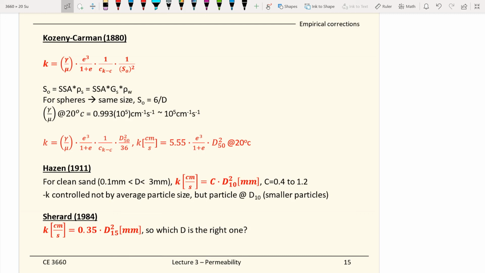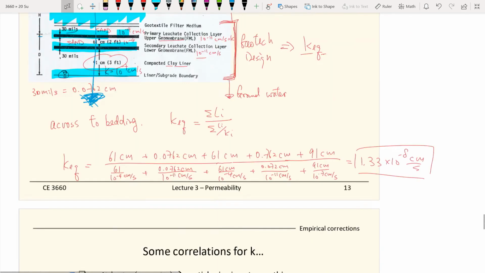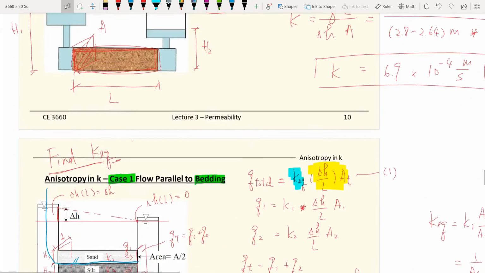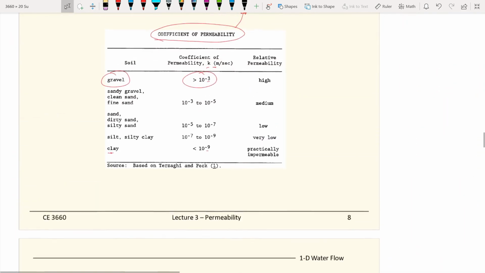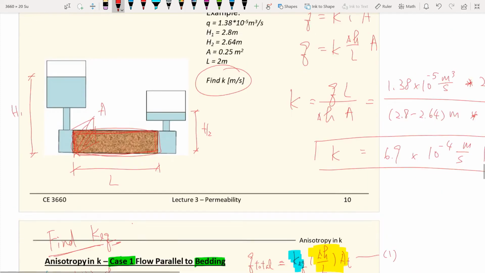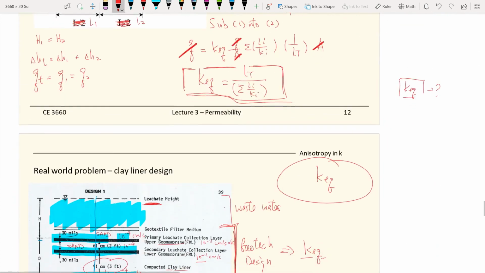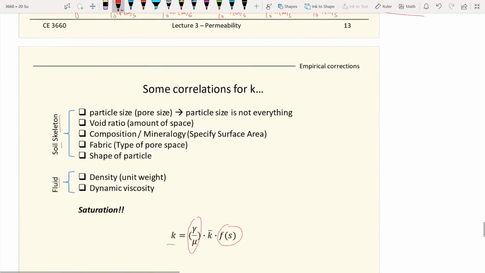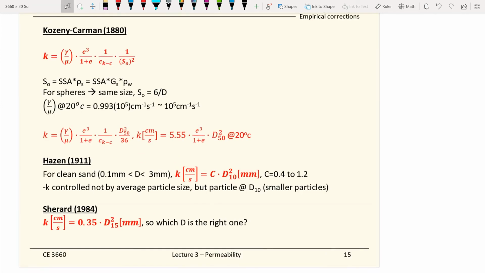But remember, don't lose the big picture. When we talk about hydraulic conductivity, if you know your soil type, or if your soil is a common soil, then you have a ballpark answer. Gravel, you have a typical range to start with. Sand, you have a typical range to start with, and also clay. But very likely, the soil on your project site is a mix of many different types of soils: gravel, sand, and clay.